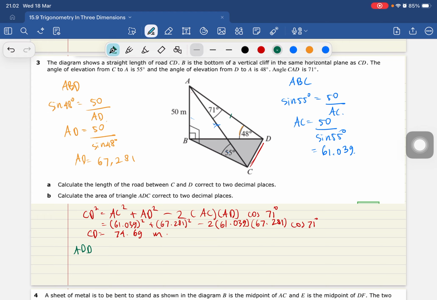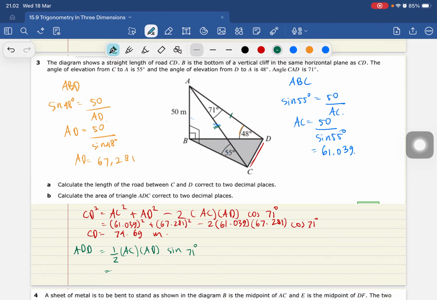Now if you would like to find the area of the triangle ADC, we got two lengths here and one angle, so we can use the formula. The formula is a half AC, and then we multiply it with AD, then last we multiply with the sin 71 degree.